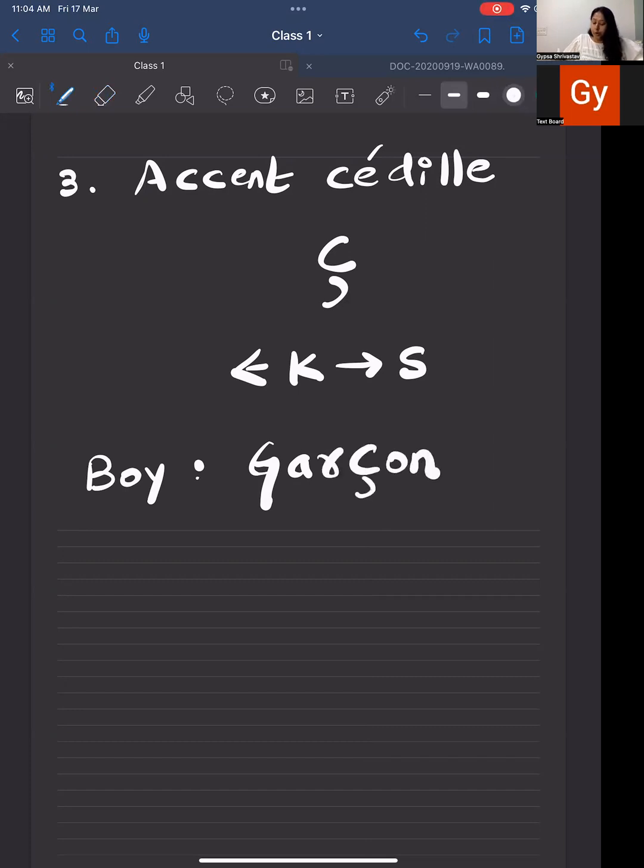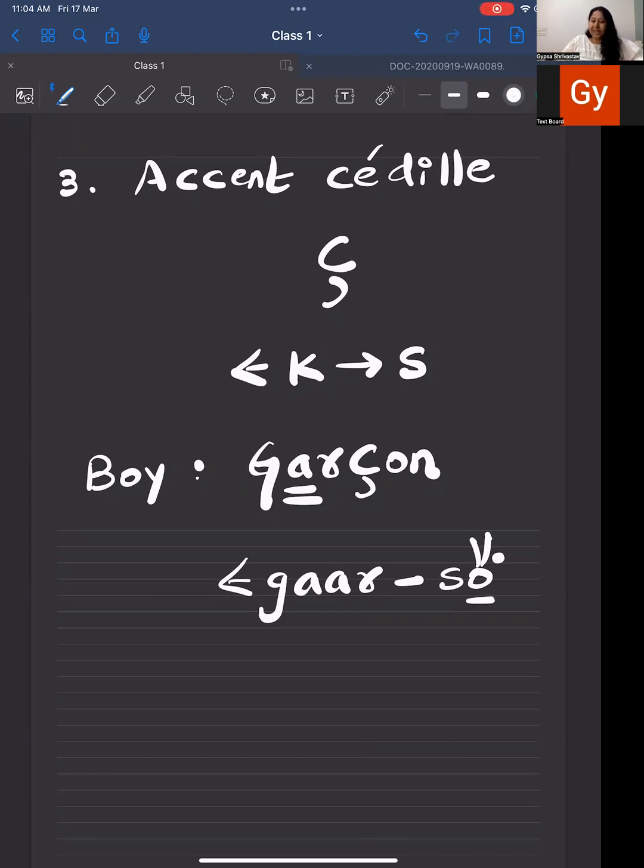Now, we know that A is pronounced as A, so this is gar, and C-O-N without the accent would have actually been con, just like you say comic con. But it is because of this accent cédille that instead of a K sound, we have an S sound, garçon. If you understand Hindi, you would understand this accent.